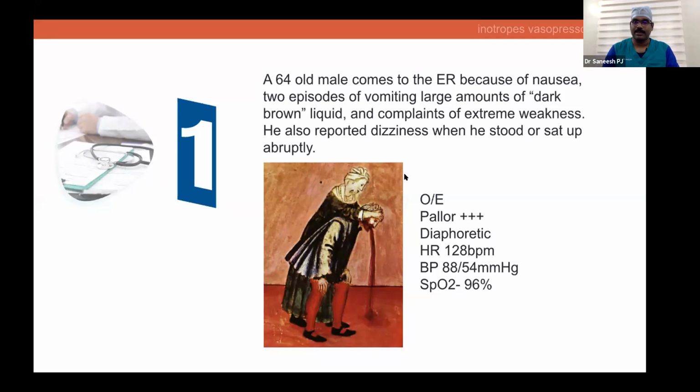You connected the monitor: the heart rate is 128 beats per minute, blood pressure right now is 88 by 54, and saturation is 96%. The scenario is clear: somebody coming with nausea, dark brown liquid, and clinical symptoms of dizziness. Now we'll see the monitor.